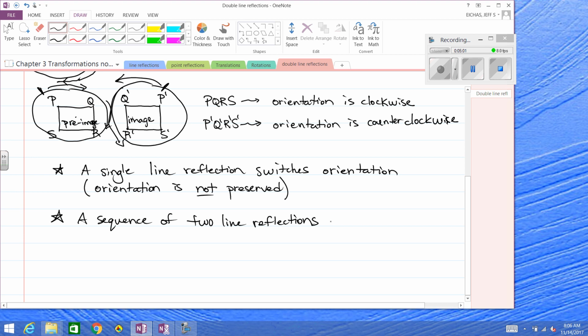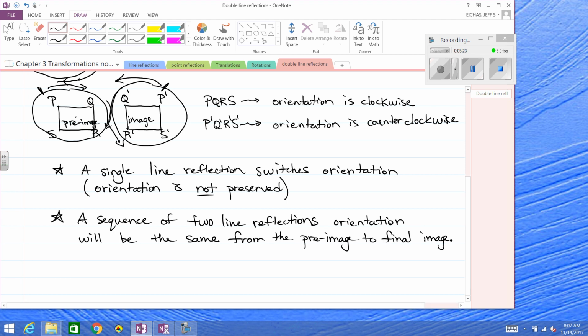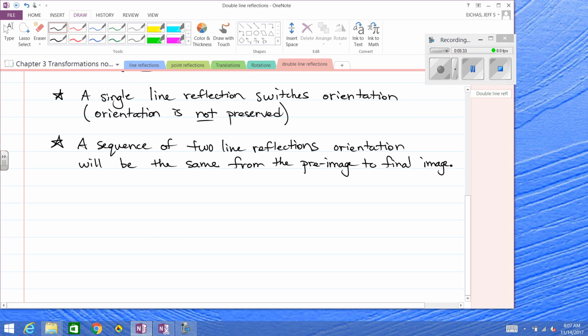So with a sequence of two line reflections, orientation will switch back from the pre-image to the final image. Basically, if you have an odd number of line reflections, it switches orientation, and for an even number of line reflections, orientation will be preserved.